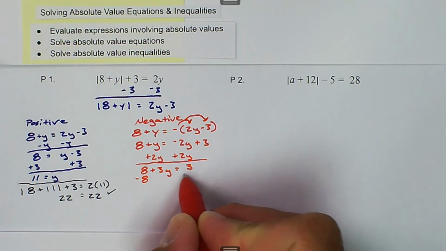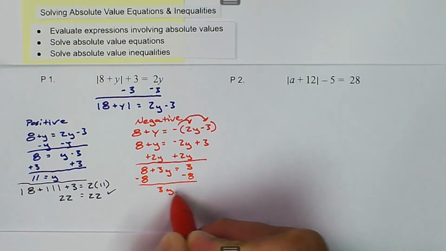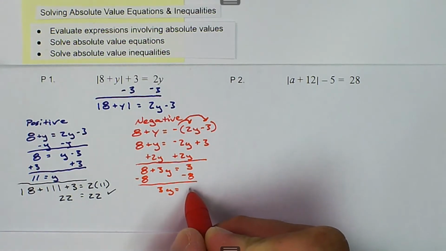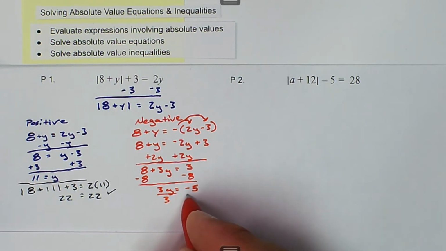We can subtract 8, and then we get 3y is equal to negative 5. Then we can divide by 3, and we get y equals negative 5/3.